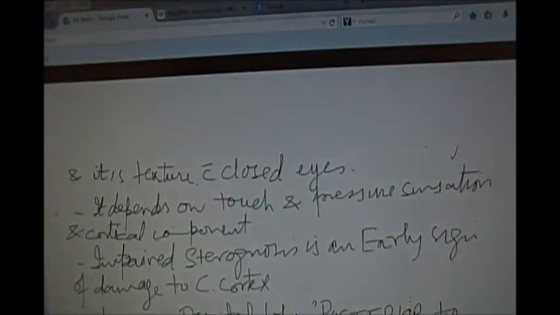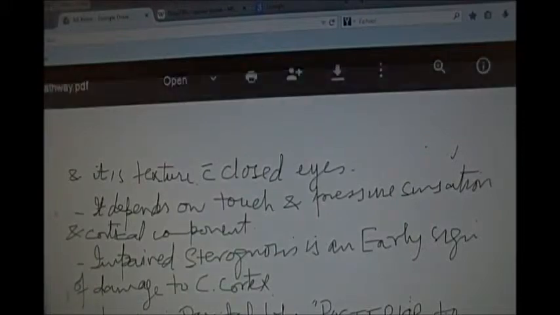The patient is asked to close the eyes and a coin is given in his hand and he is asked to recognize the coin. Impaired stereognosis is an early sign of damage to the cerebral cortex.